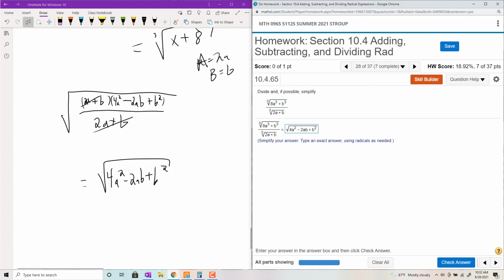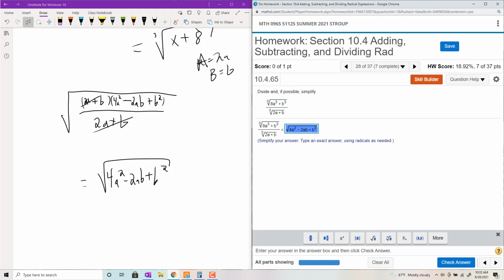Same, opposite, always positive. What the heck did I do? 4a squared. Maybe you can simplify that thing. I doubt it. Oh, I didn't put the cube root symbol in there. That's going to be an annoyance.